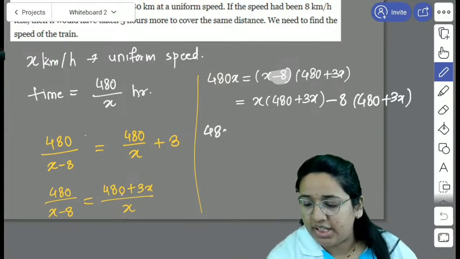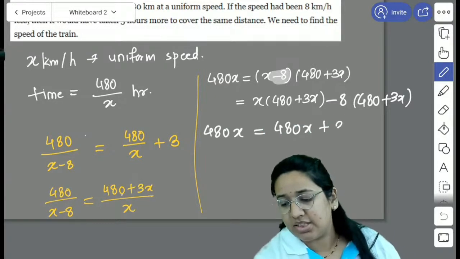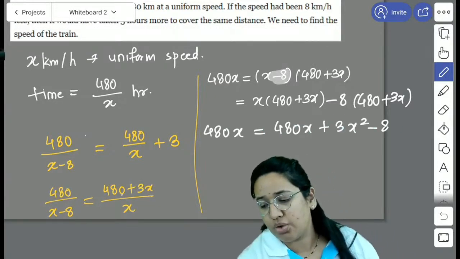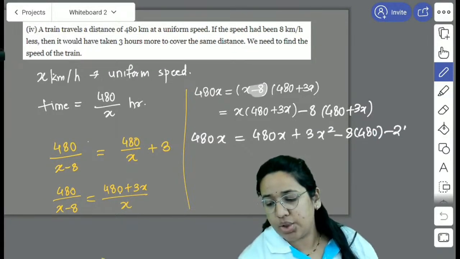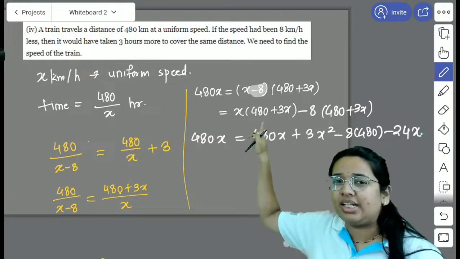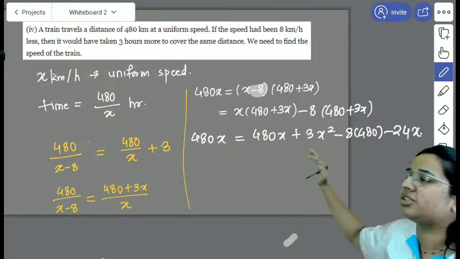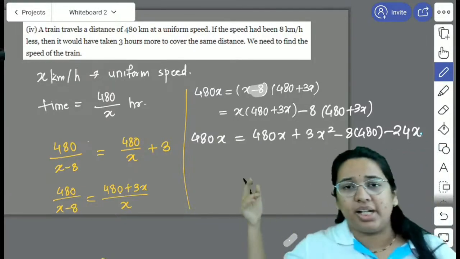So 480x is equal to 480x plus 3x square minus 8 into 480 minus 24x. So the first part is that you can easily cancel this 480x because I will just move this 480x to the RHS side, it will get cancelled.